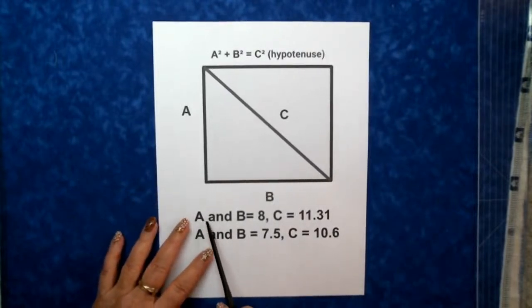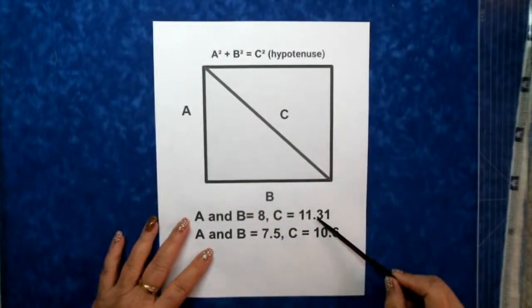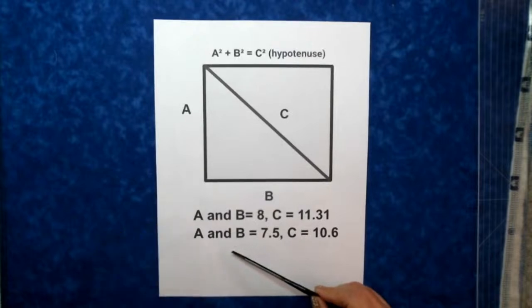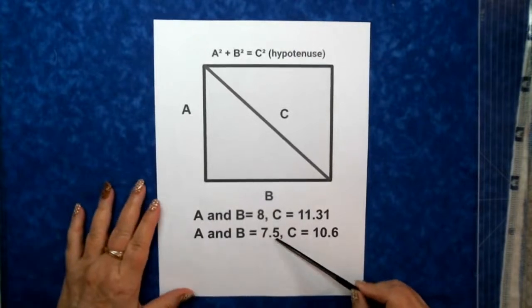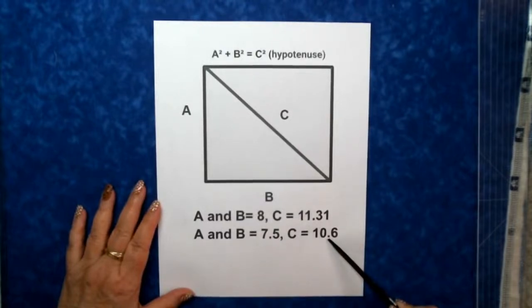For example, if A and B equal 8, so it's an 8-inch square, C is 11.3. Well, I'm going to use a 7.5-inch template. So if A and B is 7.5, C equals 10.5. My Spinifexes don't come in 10.5, but they come in 9.5.